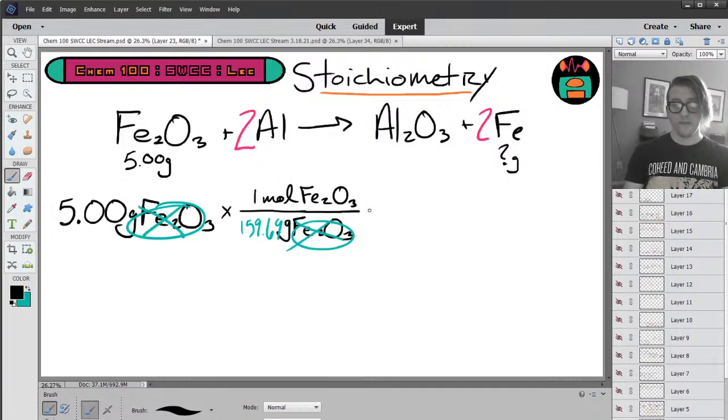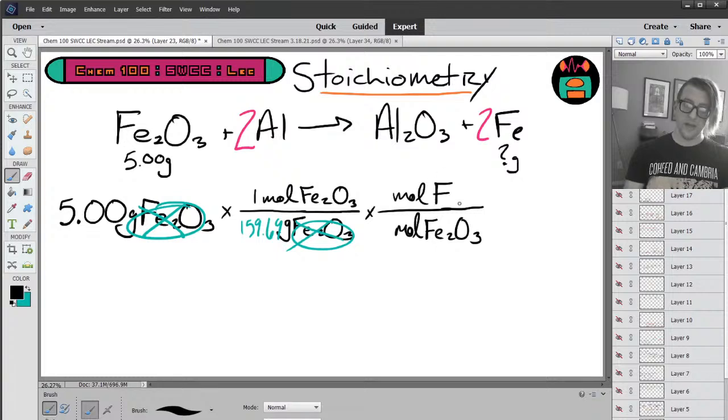Next, we need to convert from moles of iron 3 oxide to moles of iron, and we get our ratio straight from our balanced chemical equation. 1 mole of iron 3 oxide produces 2 moles of iron, so moles of iron 3 oxide cancel.